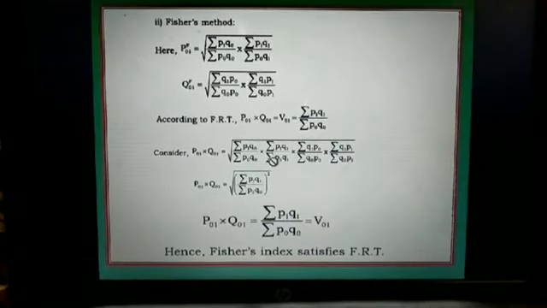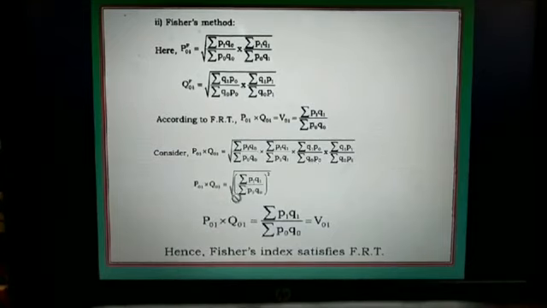So what is remaining? In the numerator, the sum of P1 Q1 and the sum of Q1 P1, which can be written as sum of P1 Q1 also. So these two are remaining, and in the denominator what is remaining? Sum of P naught Q naught is remaining, and then sum of Q naught P naught is remaining, which can be written as P naught Q naught also.